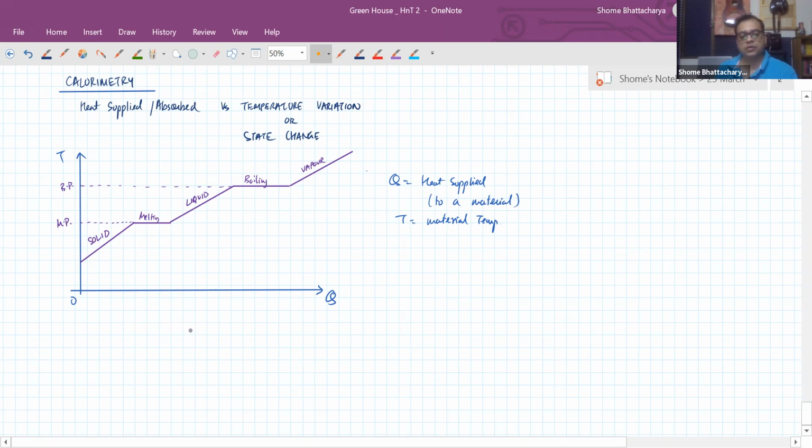So at any temperature for a solid below its melting point, the heat supplied is directly proportional to the temperature change.